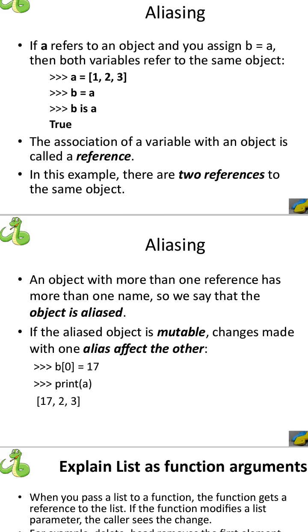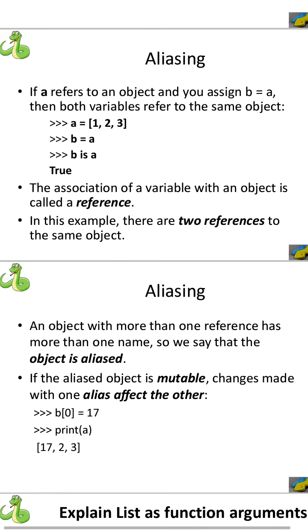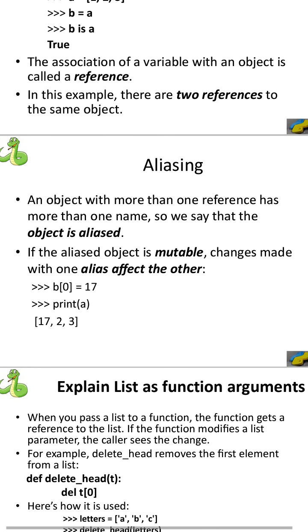Hence, now my list A contains the values 17, 2, 3. If I print either A or B, both will output the same elements, because both variables refer to the same list.